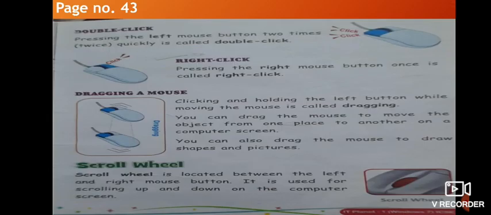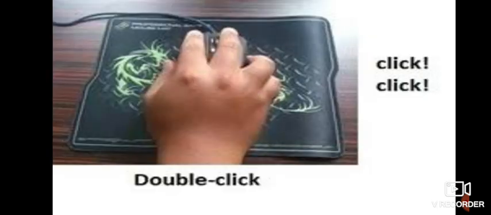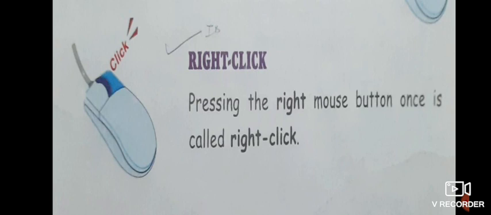Next page is page number 43, double click. Pressing the left mouse button two times, that is twice, quickly is called double click. Next is right click. Pressing the right mouse button once is called right click.